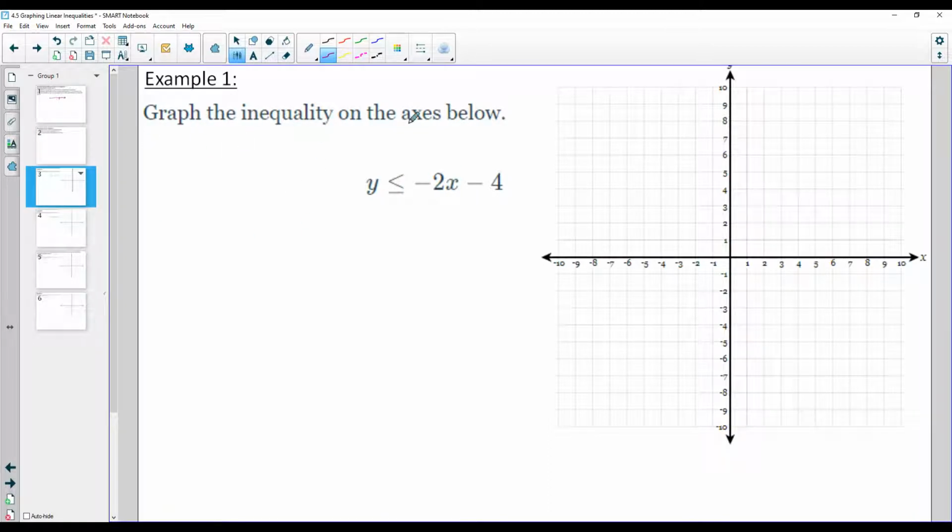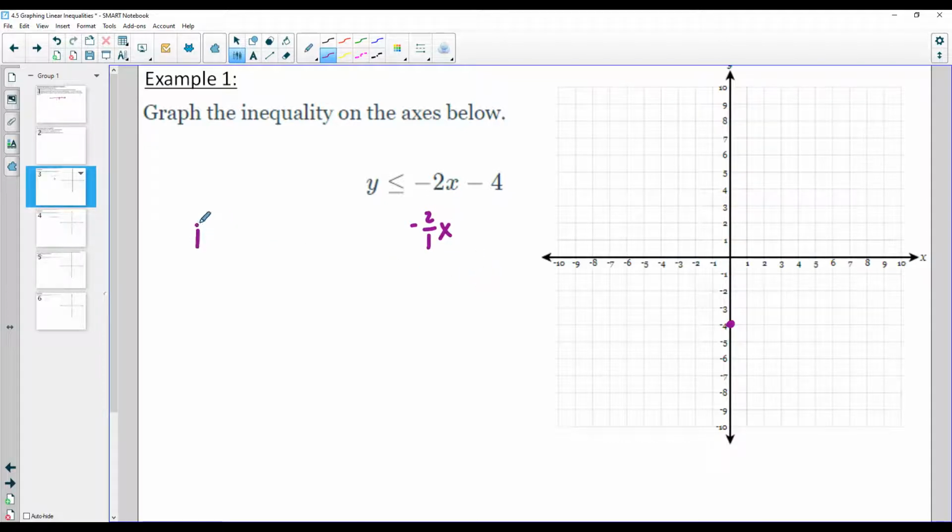So graph the inequality on the axis below. This is already in slope-intercept form for us, and again, I'm just going to do it as if this is an equal sign. The y-intercept is at -4, and we have a slope of -2, which is really -2 over 1, right?